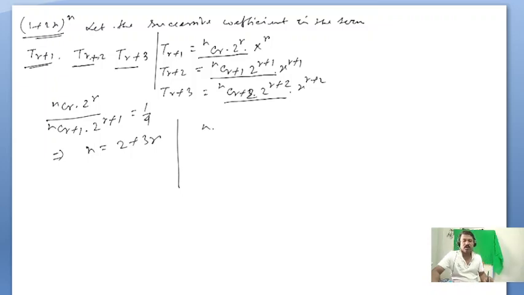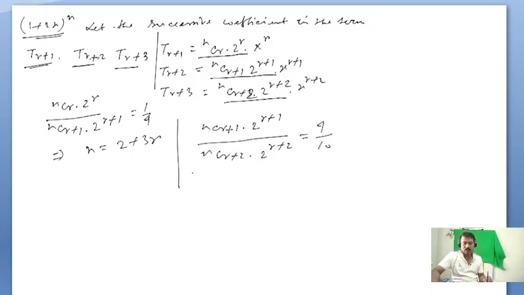Again we have ncr plus 1 into 2 to the power r plus 1 divided by ncr plus 2 into 2 to the power r plus 2, that is equals to 4 by 10.